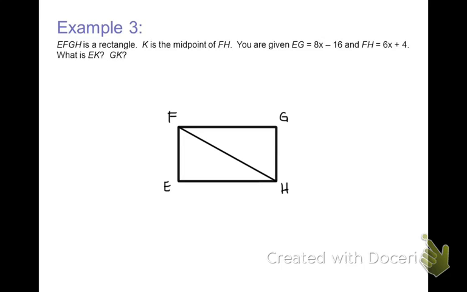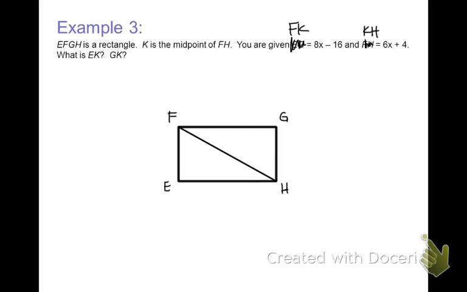Instead of saying EG, I want FK. I want that to be FK, and then instead of FH, I want that to be KH. Is what I'm going to tell you.